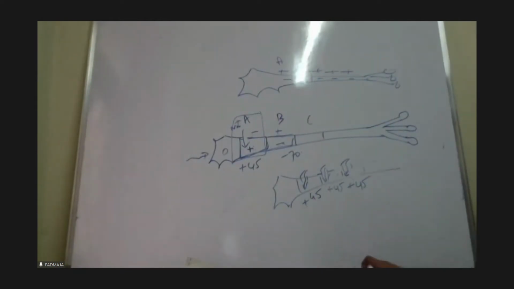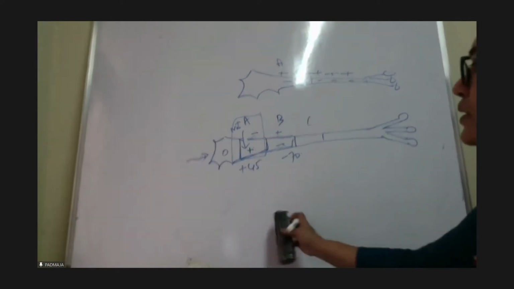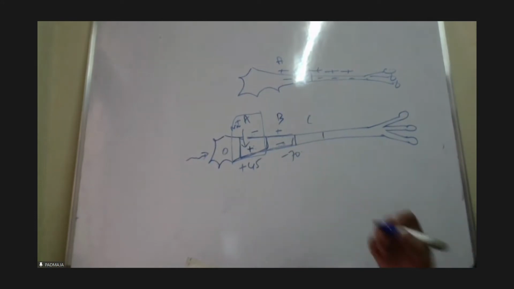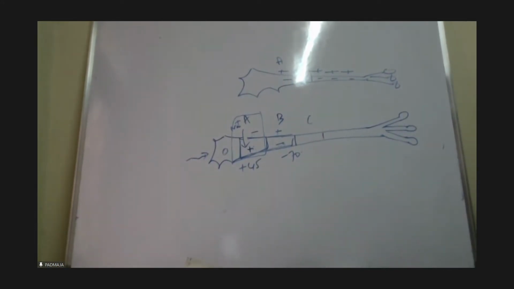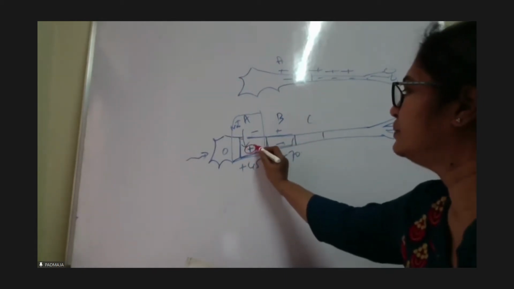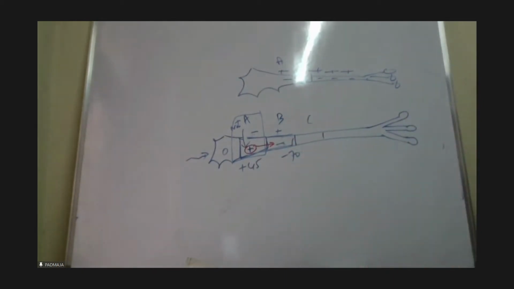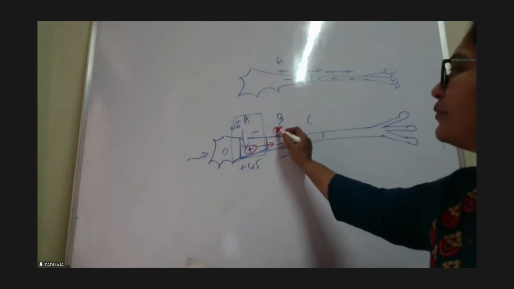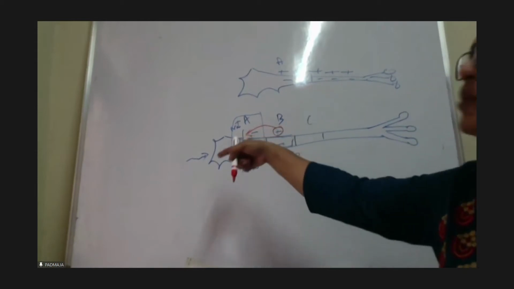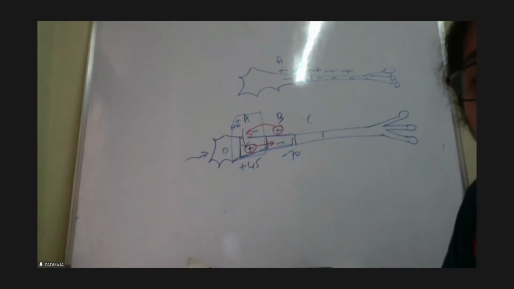But what is explained in NCERT? Because of this difference, these positive ions flow forward. Got it? Inside, they flow forward. Outside, they flow towards the cell body to complete the circuit.